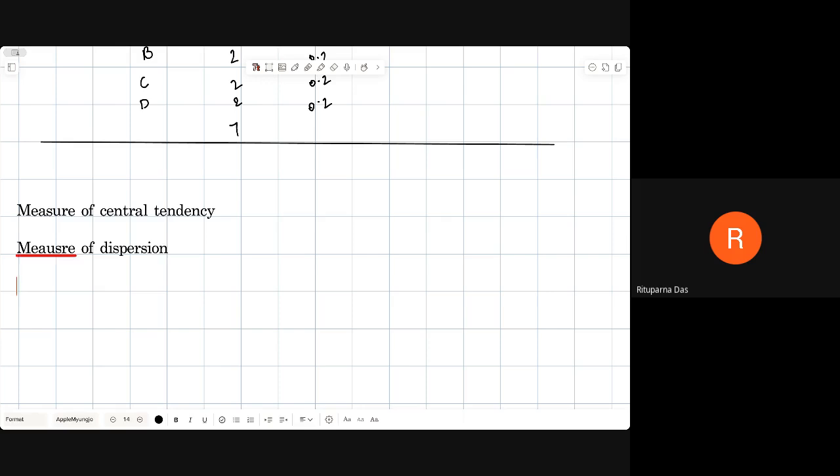For mean, there are two kinds: the sample mean and the population mean.